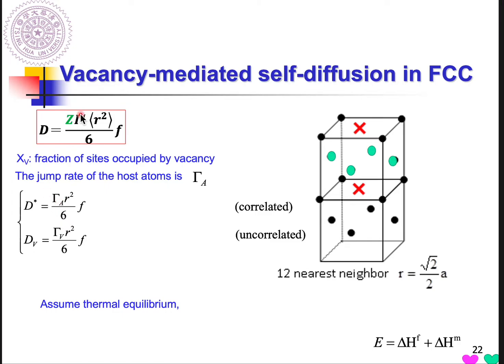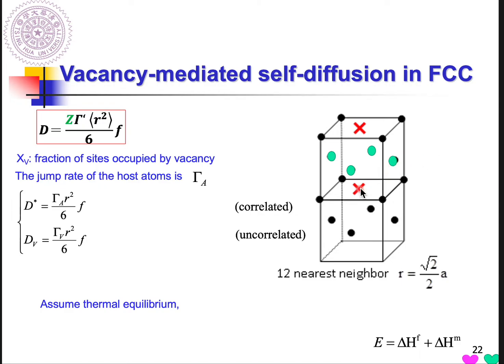In order to get the Z, because this is the total atomic jump rate, you need to know the coordination number Z, and gamma prime is the atomic jump rate in a specific direction. For FCC, the coordination number is 12.